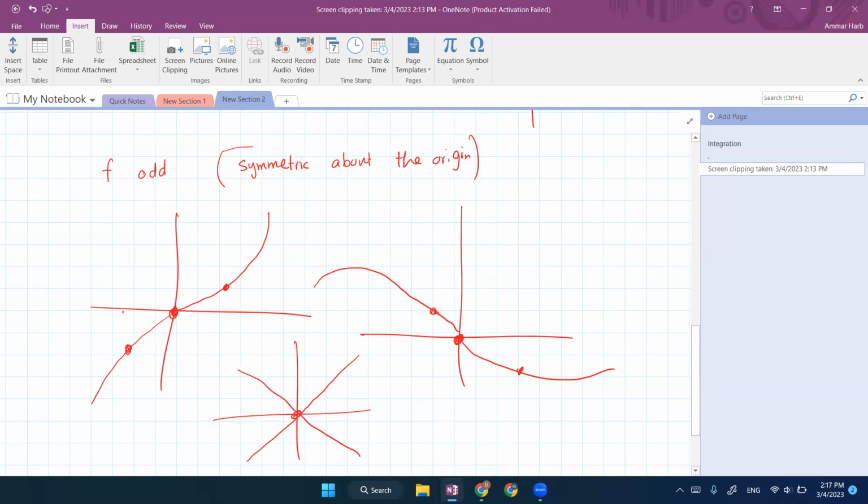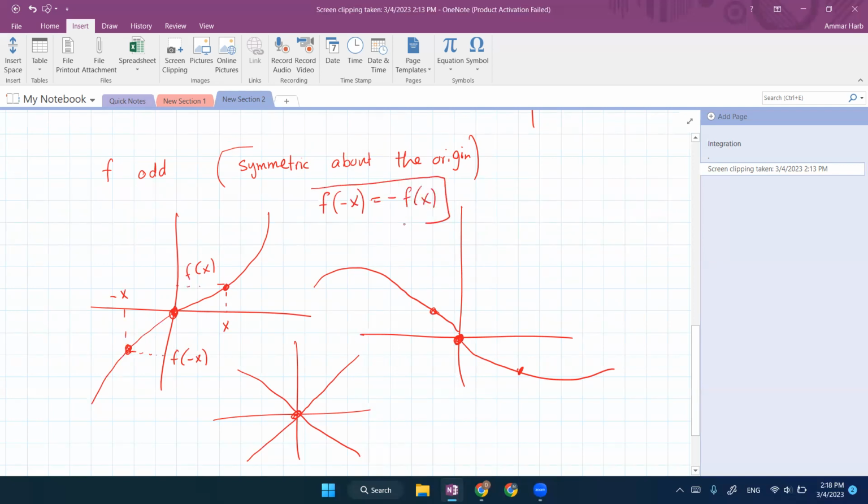And what is the algebraic definition of that? If we look at negative x here and x here, this is f of negative x, and f of x is here. So basically, f of x and f of negative x have different signs. So we can say that f of negative x is the negative value of f of x.